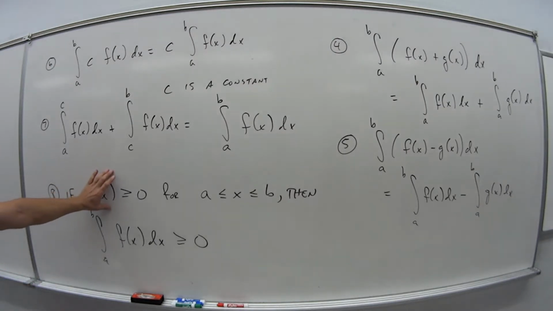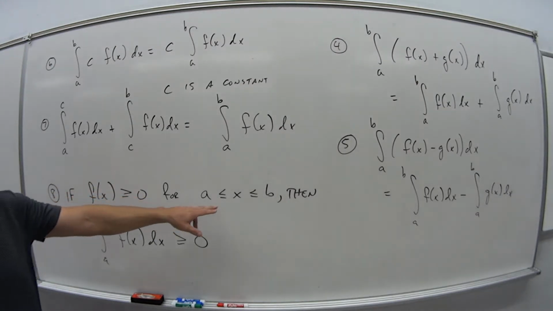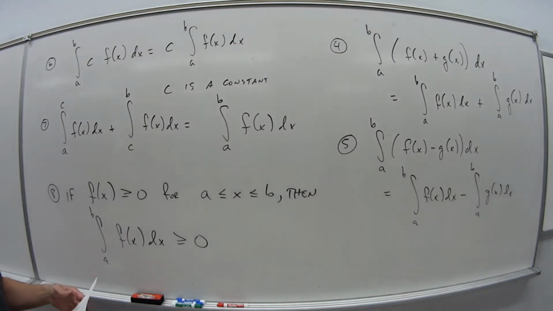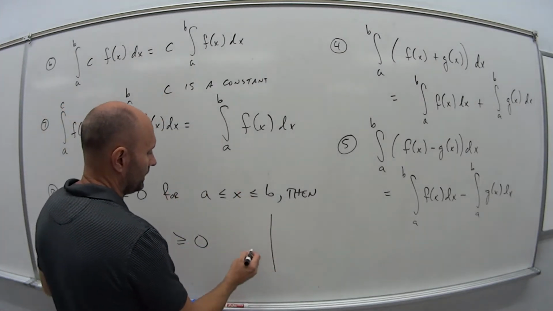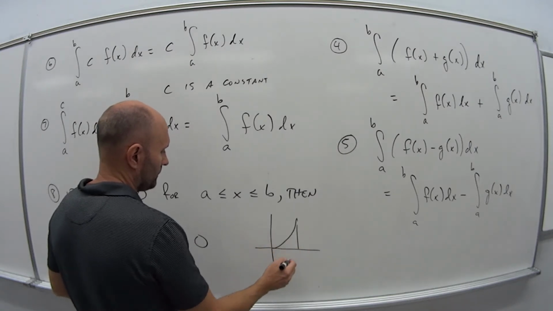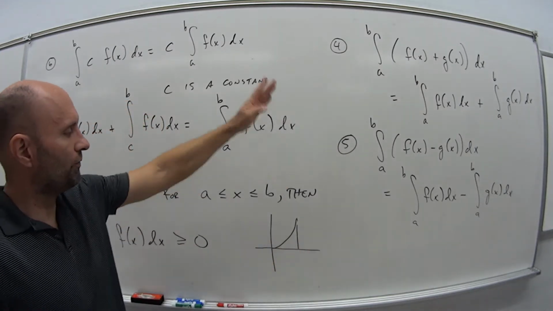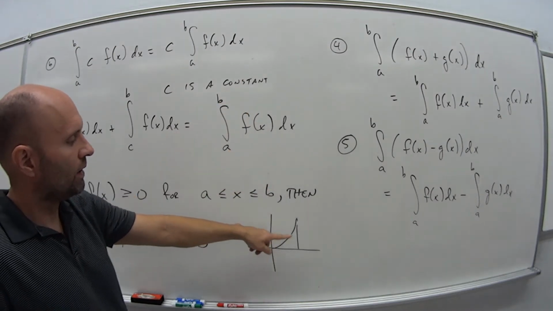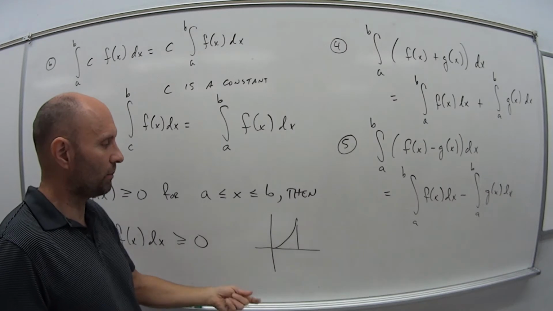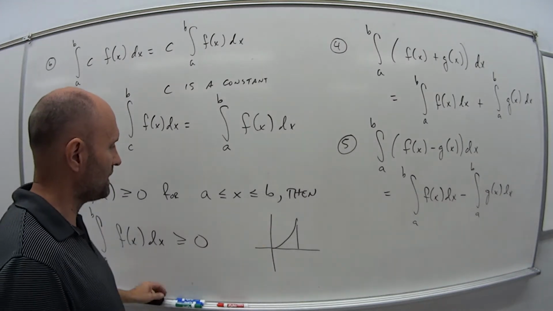So if the function is greater than or equal to 0 for any of our x's in the interval, then the integral itself is going to have to be positive. Think of that like the very first example we had, the parabola from 0 to 1. The whole function is greater than 0, so the integral, remember, the integral is a number, that number is going to have to be positive.